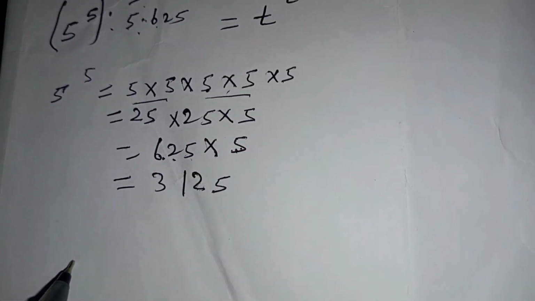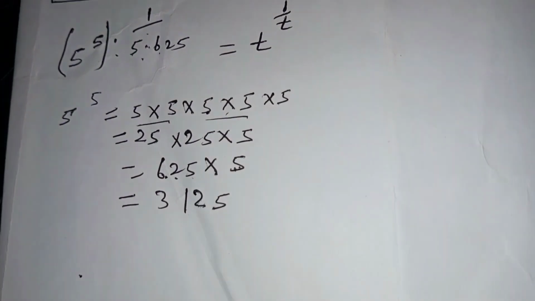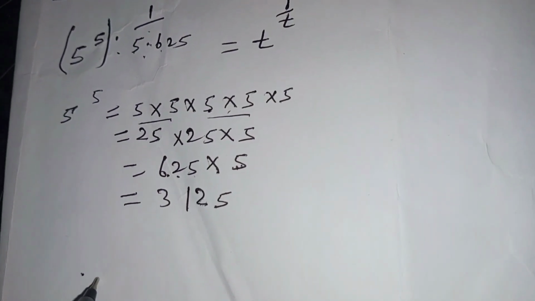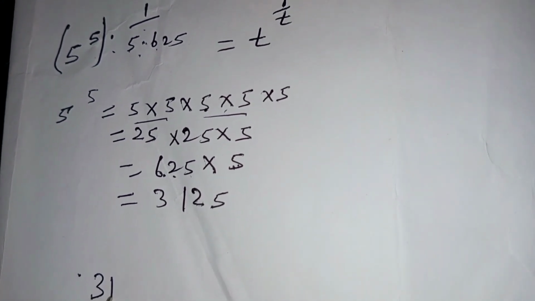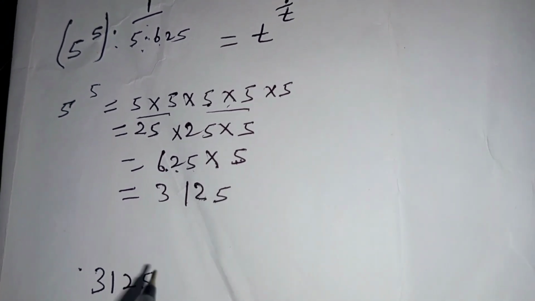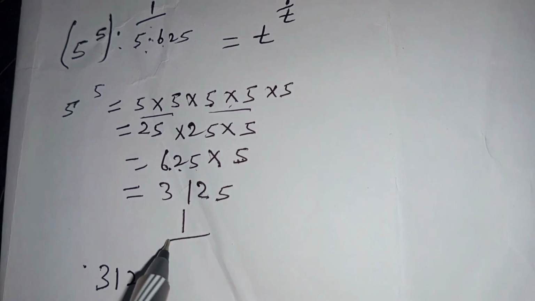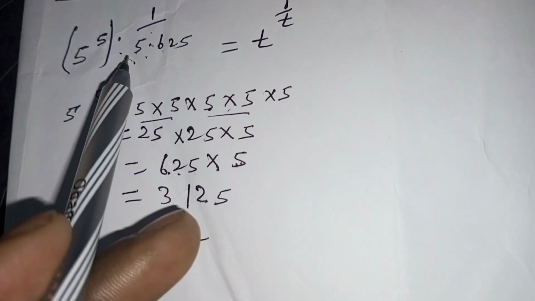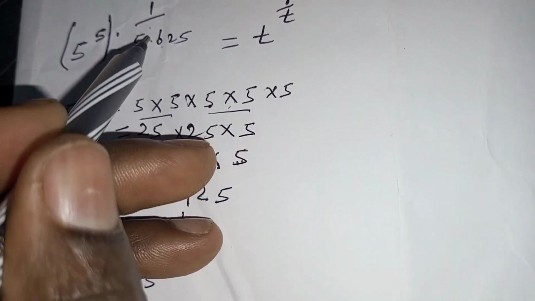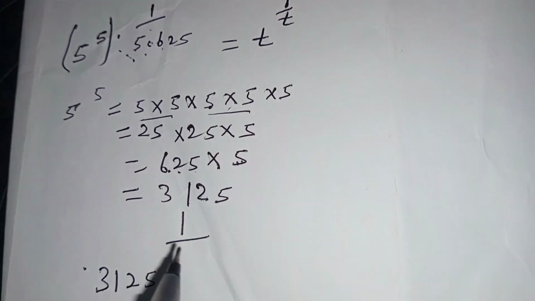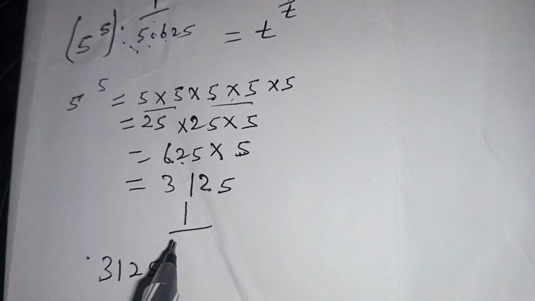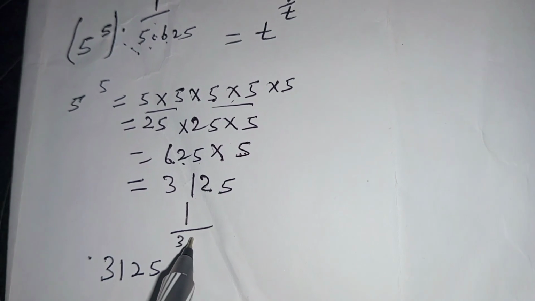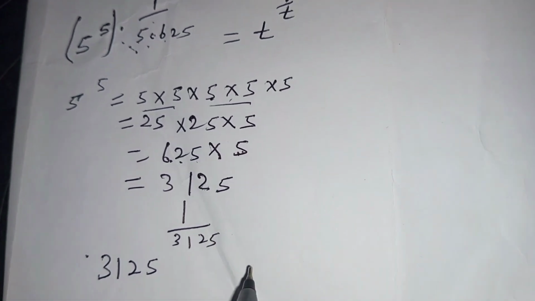So here we are going to have 3125 to the power of 1 divided by 5 times, remember here dot means times, 5 times 625, we have found it is 3125.